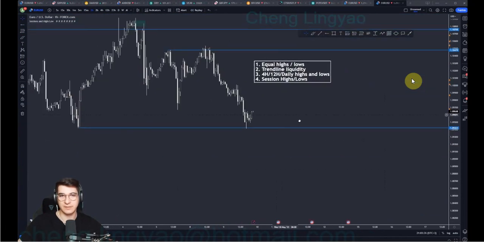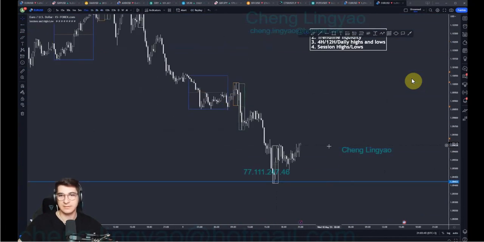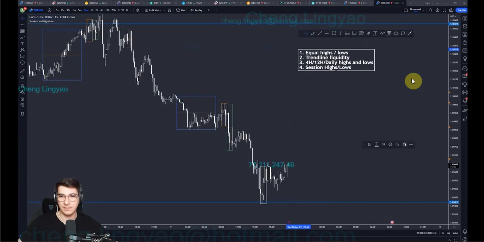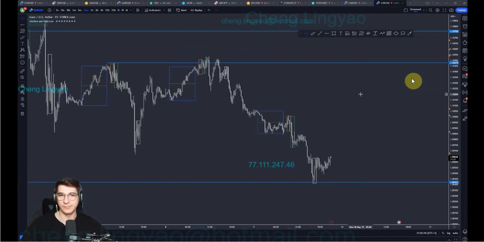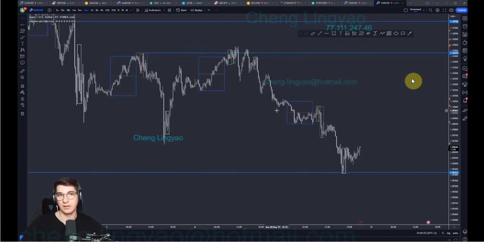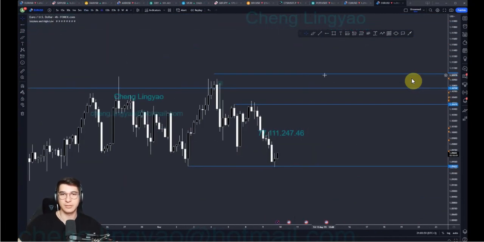So even if this doesn't play out and I get stopped at break even, the next setup that I'm going to trade, as long as it doesn't invalidate my idea, my setup, for every trade that I take, that's going to be my objective. And even the objective for this week for me was the 1.110 level to be touched. Until that is touched, I don't have any other bias. So I'm going to wait and try to take a trade to complete that objective.